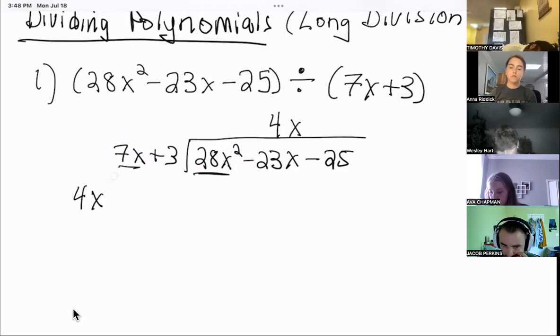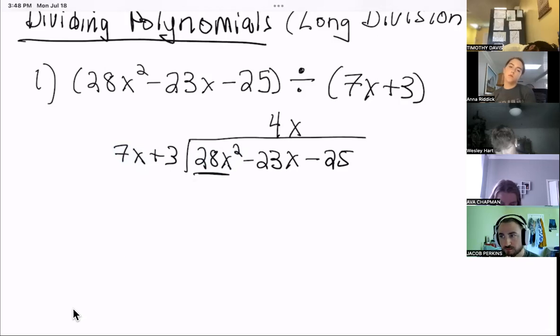I'm going to multiply 7x by 4x to get 28x squared. I'm going to say it again. You want to match this, and I'm only allowed to use that. What do I multiply 7x by to get 28x squared? Well, 7 has to be multiplied by 4 to get 28, and x has to be multiplied by x to get x squared.